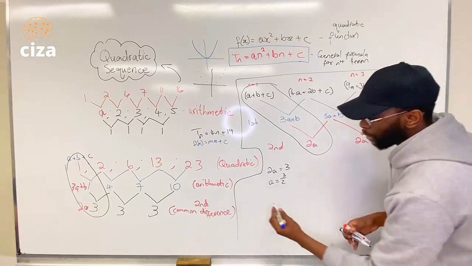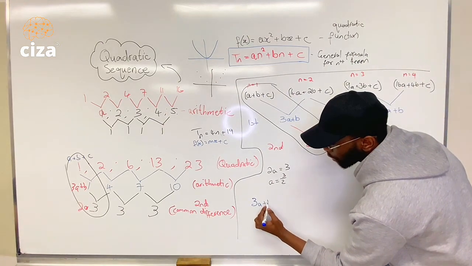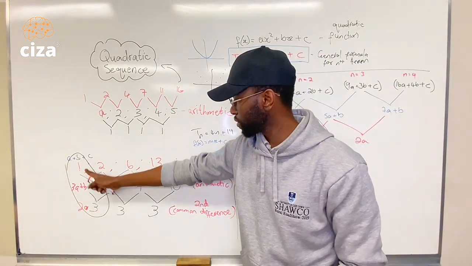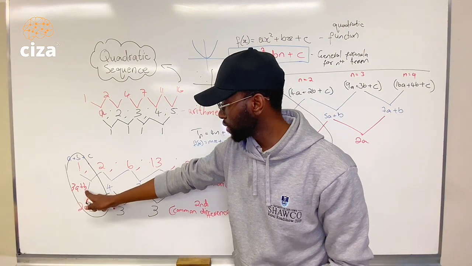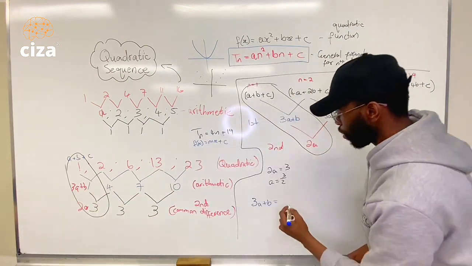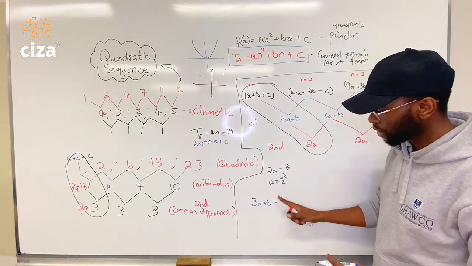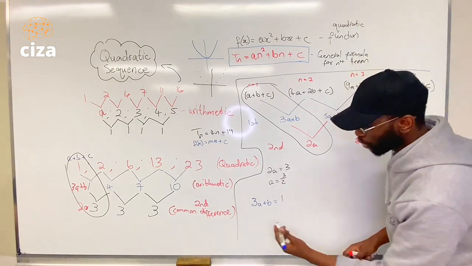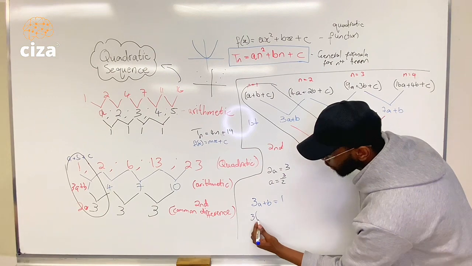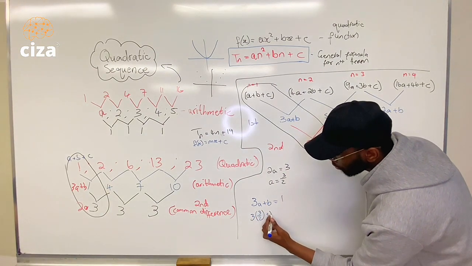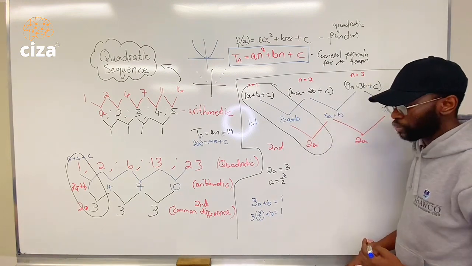Now, what about 3a plus b? 3a plus b, if you also look at this sequence, we'll see that it is equal to 1. But we've already found the value of a, so we're going to put that in here, which is 3 into the value of a, 3 over 2 plus b is equal to 1.